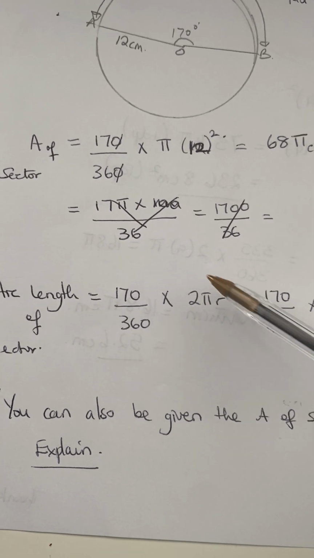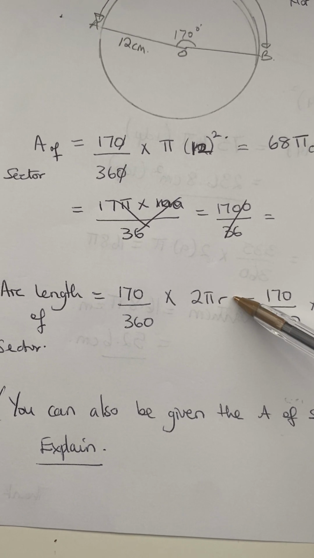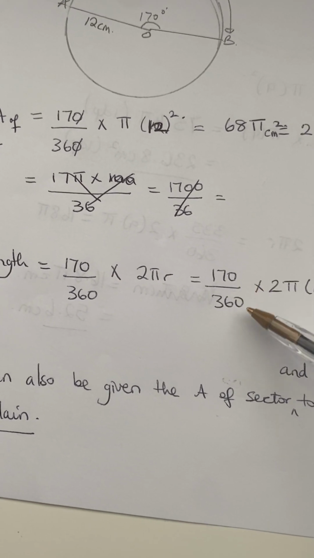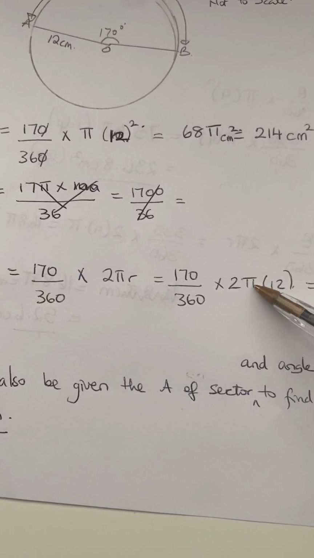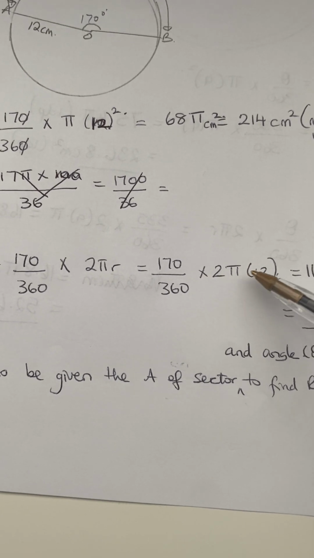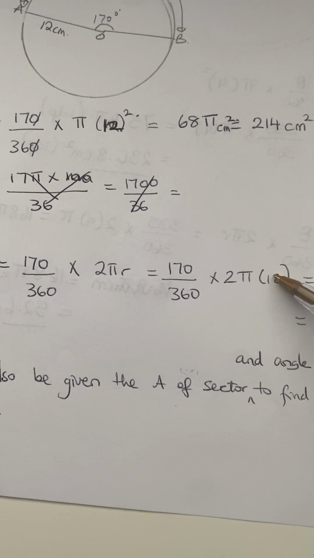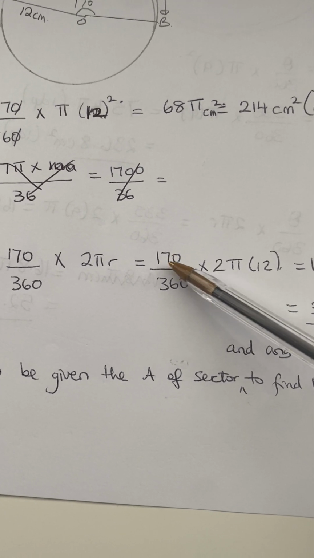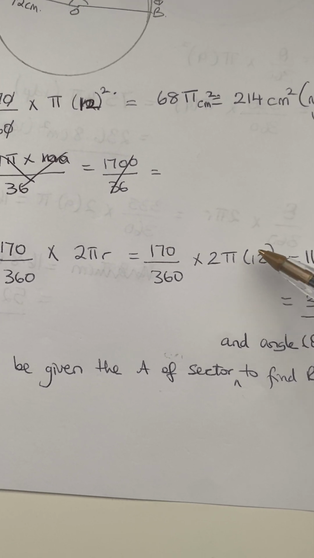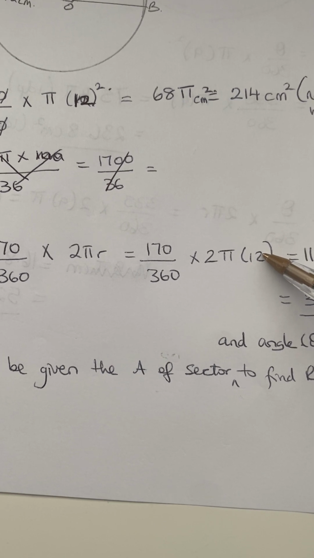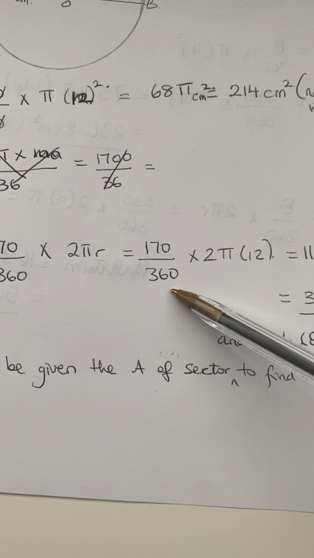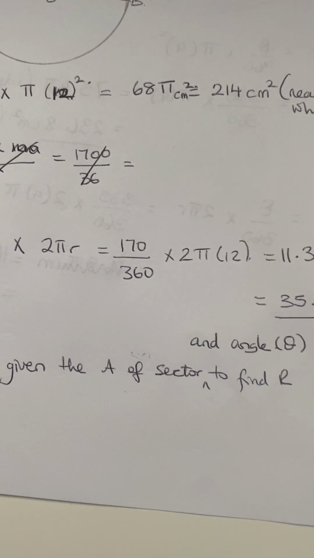Now look at r. There is no squared here. So 170 divided by 360, 2 pi r. r is 12. So we can do 170 times 2 times 12 divided by 360 and multiply by pi.